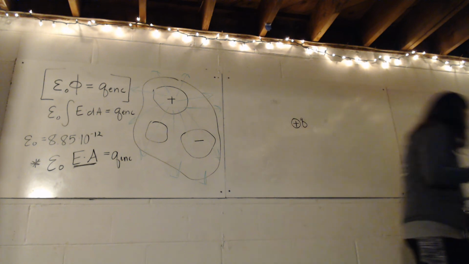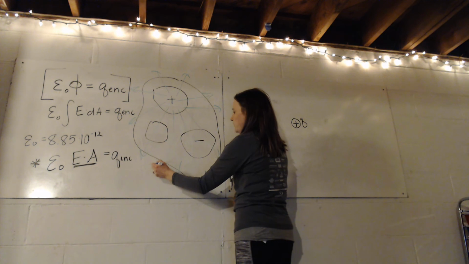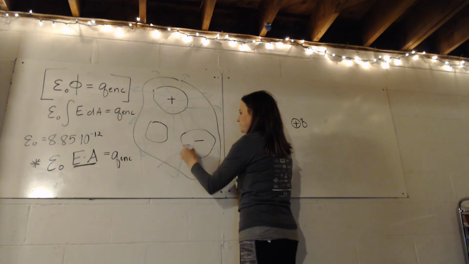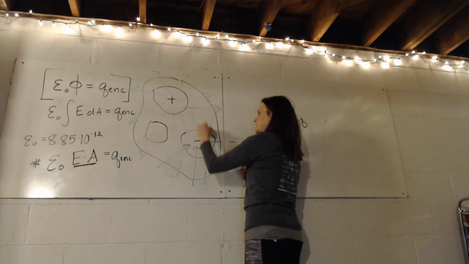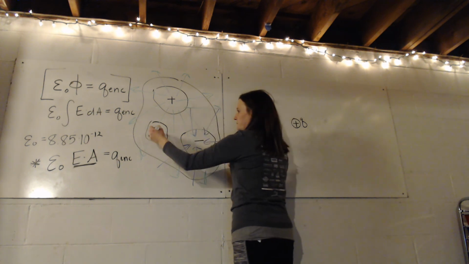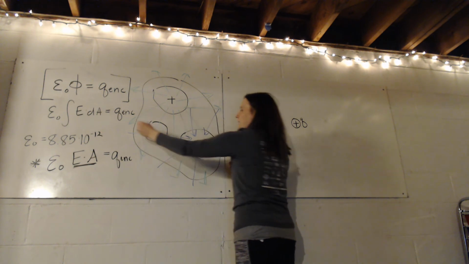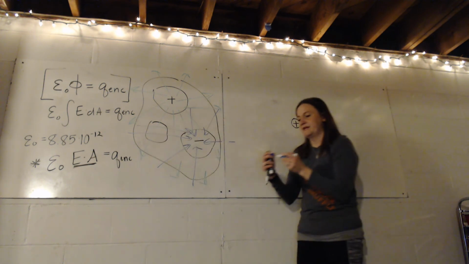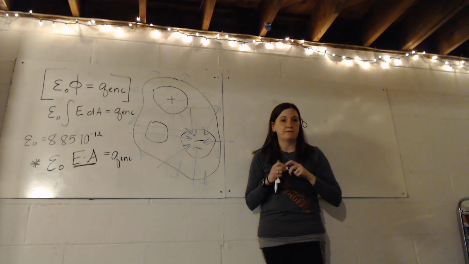And then the second charge is a negative charge, so field lines go into negative charges. Something like that. This is a bit of a mess. There's a much nicer visual in your textbook and in the PowerPoint if you follow along.